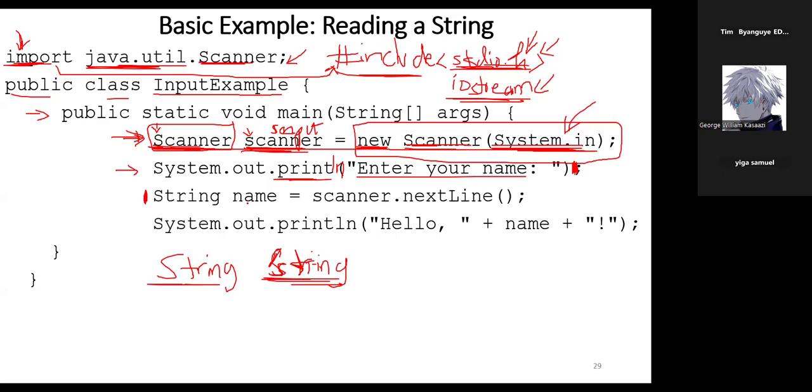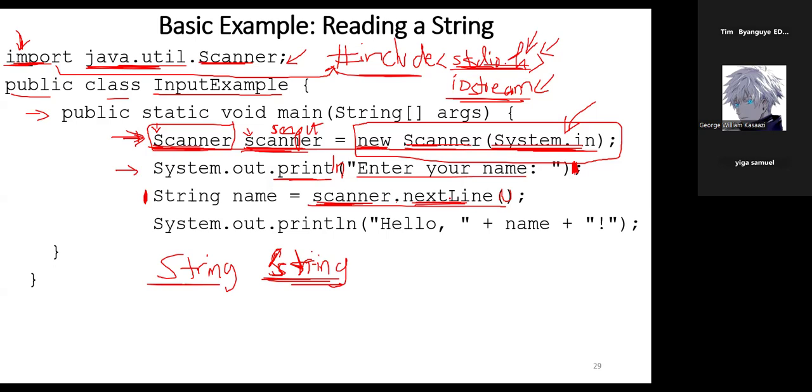Then now to actually use the object to pick information, this is how we do it. We call the object scanner and then call a method to pick the information. The nextLine method, it's a method because of this, but you can call it a function. NextLine function, nextLine method, that's all okay. So the nextLine method picks a string of information.